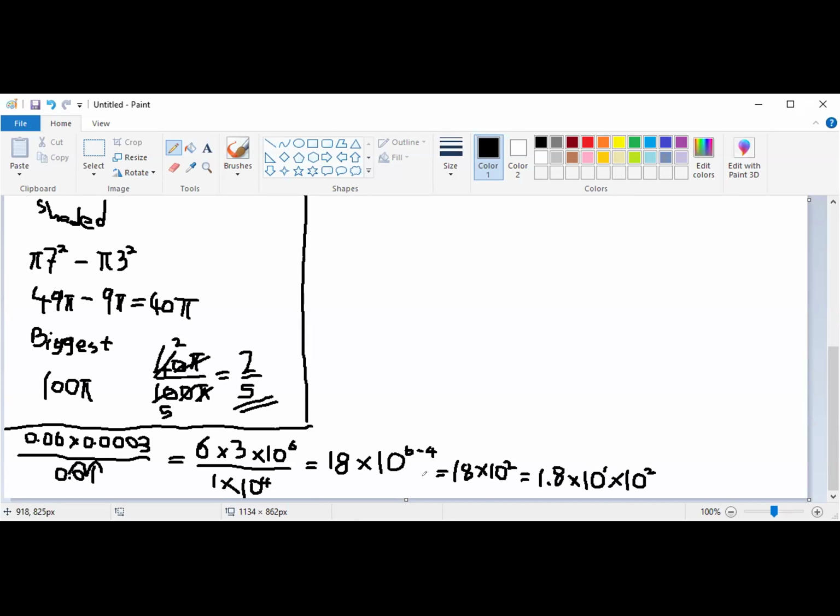So that same law that tells us that when the bases are the same and you have a division, you perform a subtraction on the powers, says that when you have multiplication, you perform addition on the powers. So this will give me 1.8 times 10 raised to power 1 plus 2, which is what? 3.